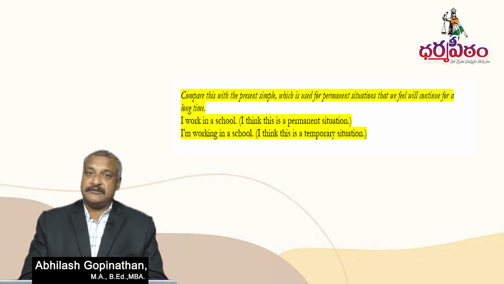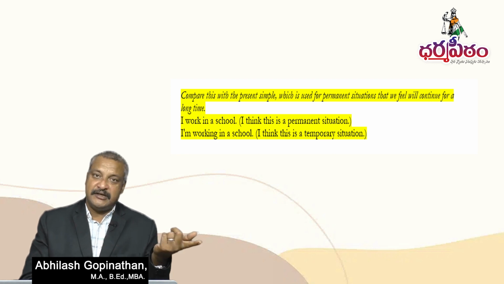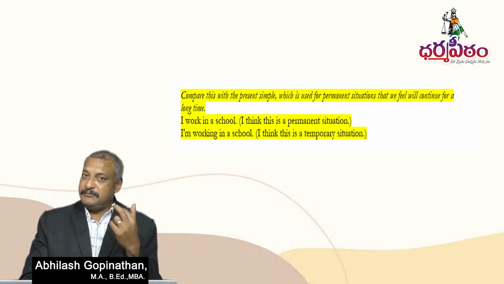For example, if you have the habit of going for a walk or a jog in the morning, it can break, like if it is raining heavily or it is impossible to go out. But work is a profession, not a habitual action. So don't confuse habitual actions with permanent and temporary situations.